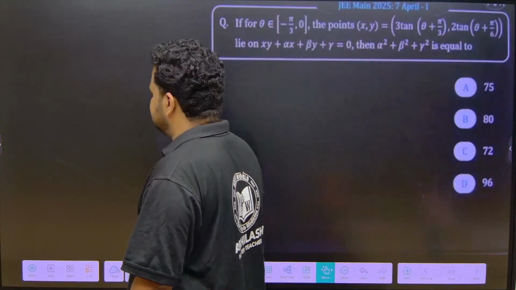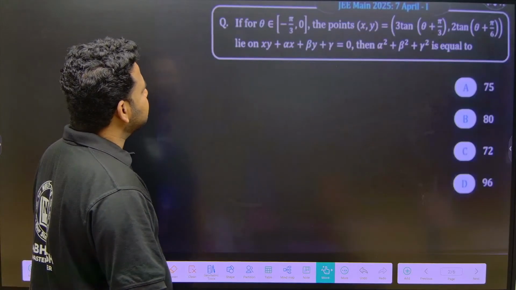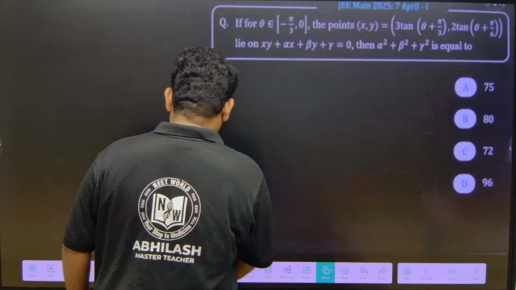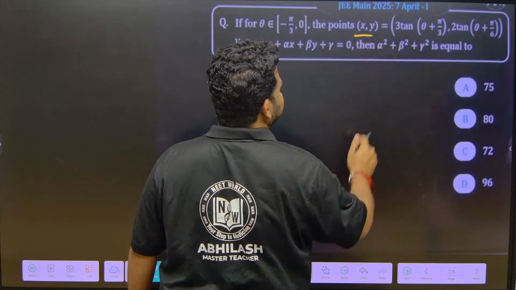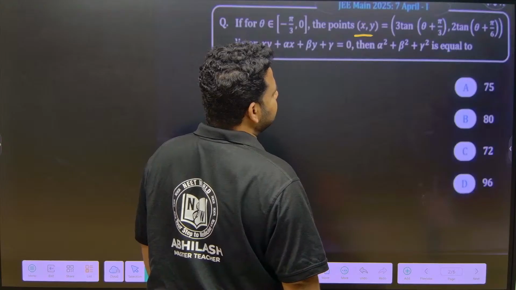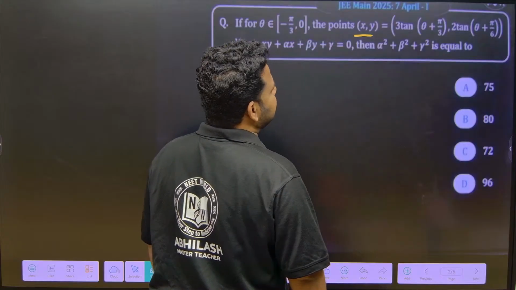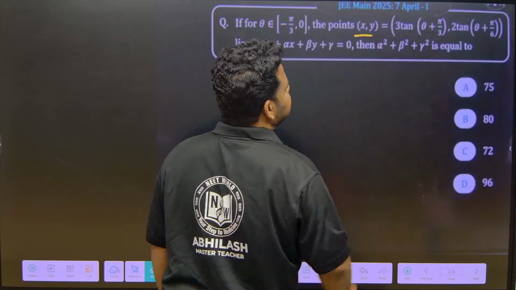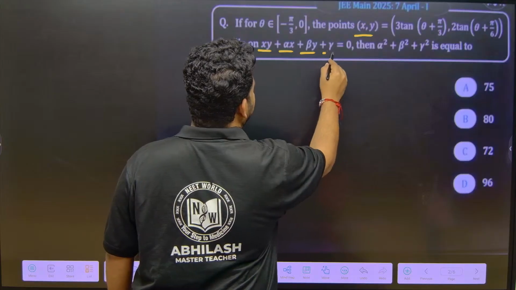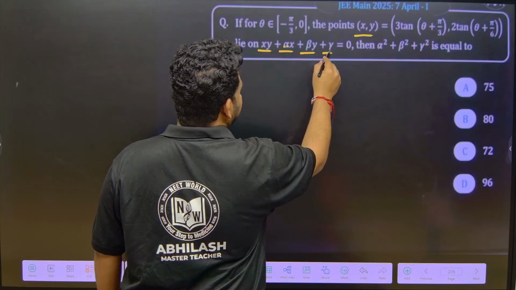Now look at this question. They are telling us that for theta belonging to the closed interval minus pi by 3 to 0, the points (x, y) given as x = 3 tan(theta + pi by 3) and y = 2 tan(theta + pi by 6) lie on the line alpha x + beta y + gamma = 0.